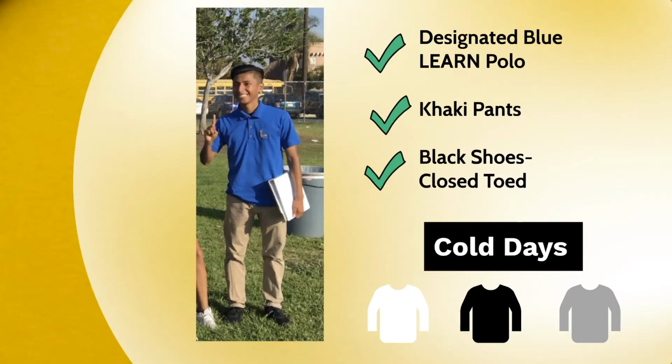And then black shoes, which must be closed-toed. On cold days, you're allowed to wear any of the following colors listed on screen underneath your polo. It's really important to recognize at all times that your polo is visible. This makes it easy for admin to spot you, parents to spot you, and also your site coordinator to come over when it's needed.